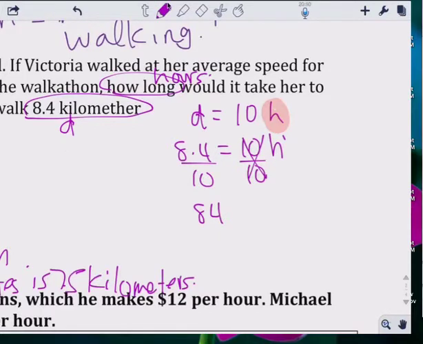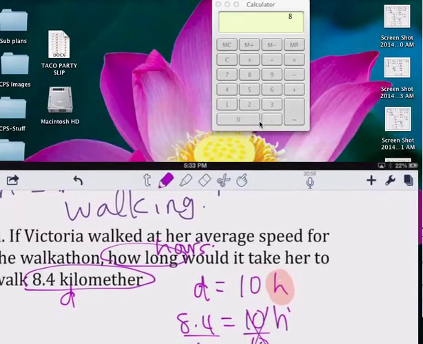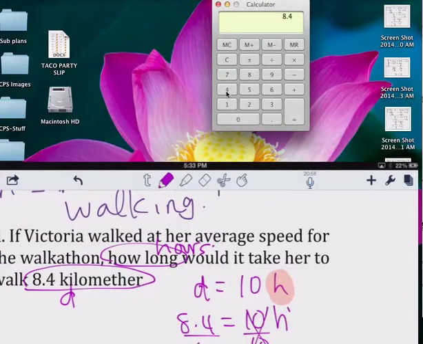Okay, just to make sure, 8.4 divided by 10. Look at that, I moved my decimal in the wrong spot.